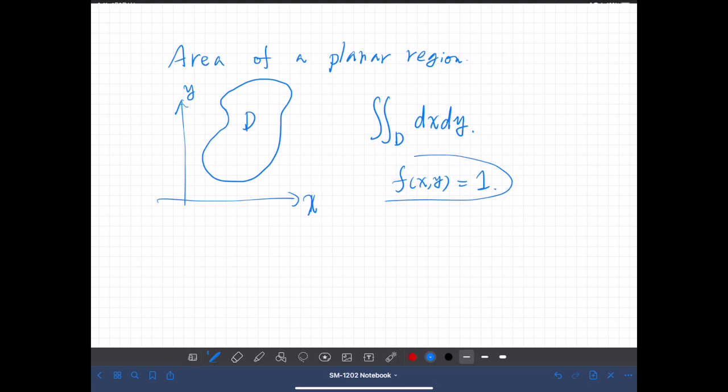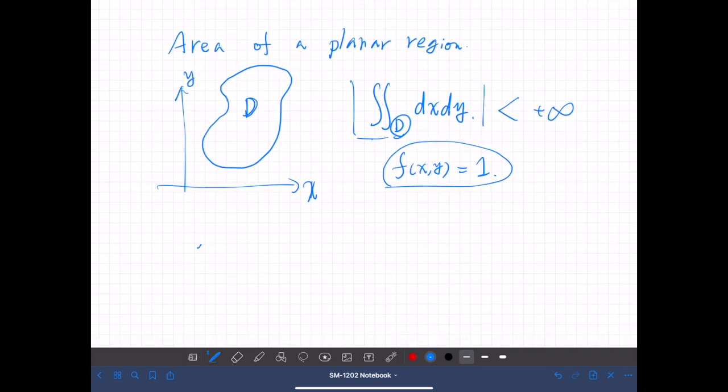If we integrate this function over this bounded closed region, and if it has a value, then we say this region D has an area, and we usually write this area as mu of D, like this. So this is the area of D.